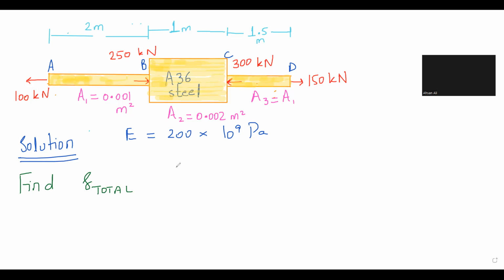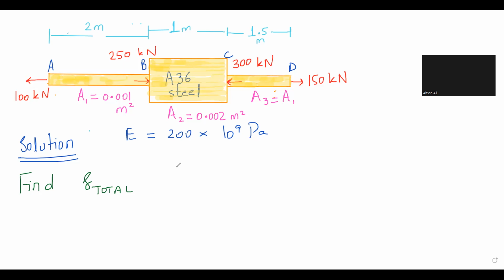So change of area, change of force, change of material. You don't have a change of material here, right? The whole thing is A36 steel, but you have a change in area, right? And that change in area is at B and C. You also have forces at B and C. So B and C are definitely the places that I have to be very careful about.